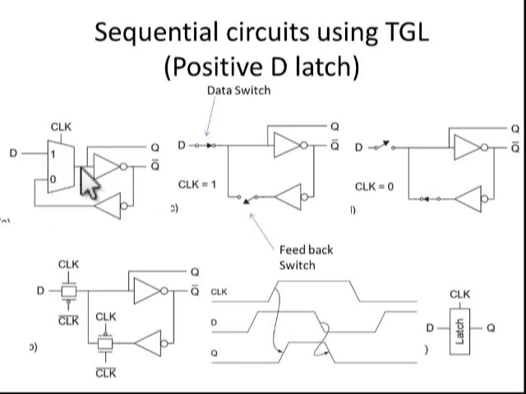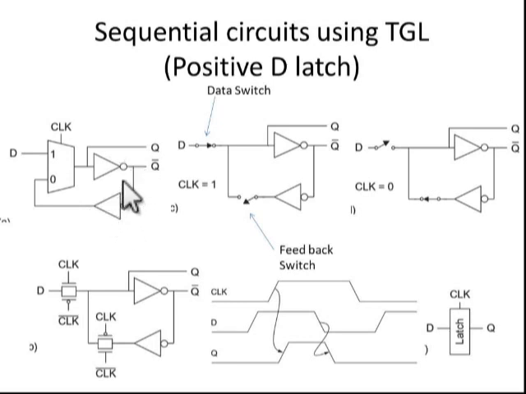This feedback is required. When the clock is negative, it should retain its previous state value. For that purpose we are using this feedback path. If this feedback path is absent, we cannot retain the previous state value; that is, when the clock is low, we cannot predict our output value. So for this purpose we are using this back-to-back inverter.